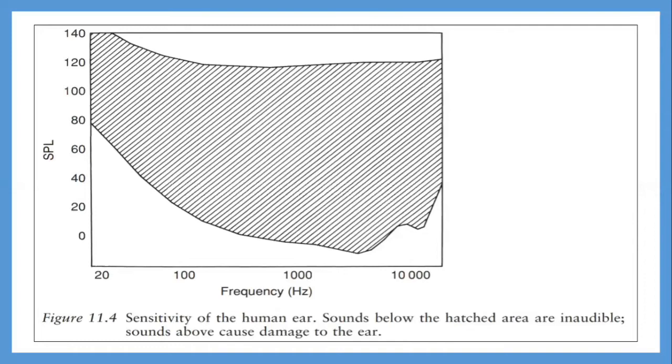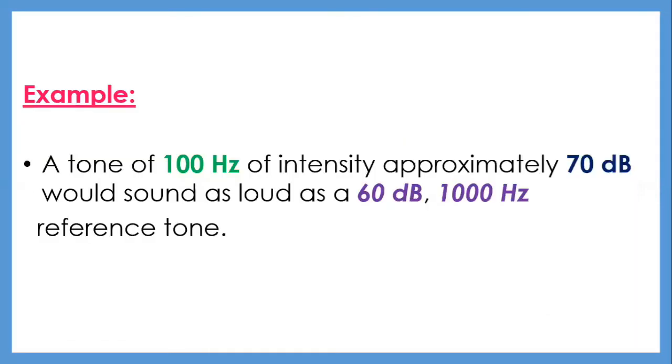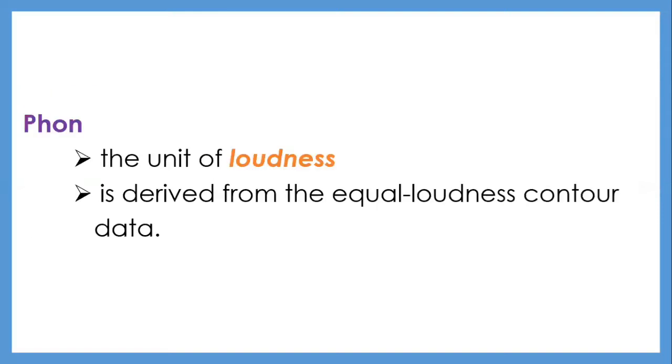In order for us to better understand it, let us have an example. A tone of 100 hertz of intensity approximately 70 decibels would sound as loud as a 60 decibel, 1,000 hertz reference tone. And if we say phon, it is the unit of loudness, and it is derived from the equal loudness contour data.